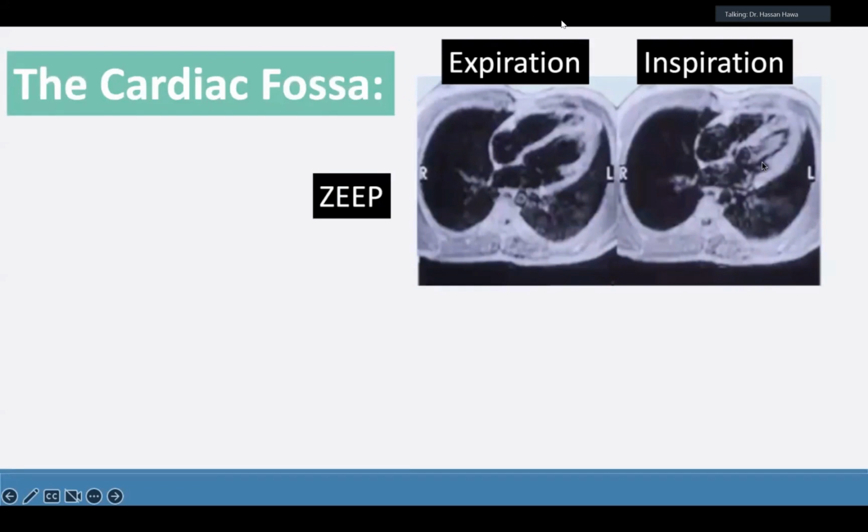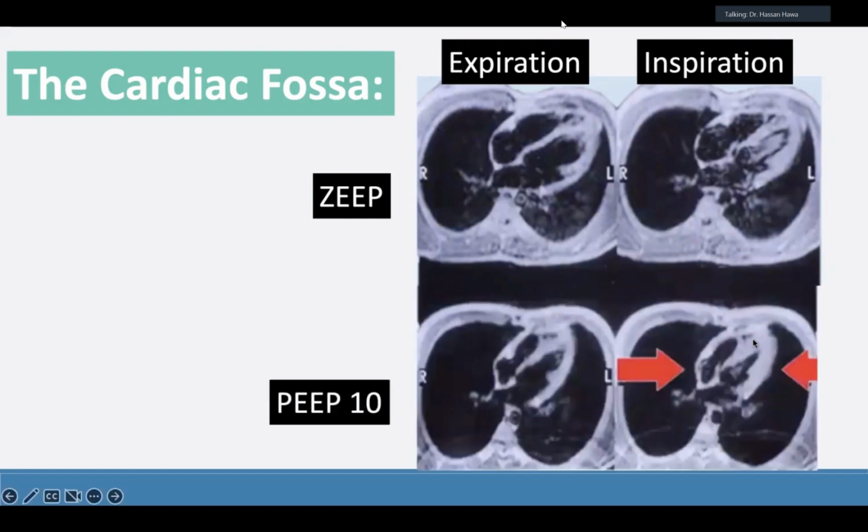We can see during inspiration, the heart seems a little bit smaller than the heart during expiration. But to illustrate this further, if we apply PEEP of 10, then you can see how significantly the heart is compressed within the cardiac fossa due to higher intrathoracic pressure. So imagine this intrathoracic pressure compressing the heart, compressing all the cavities of the heart, and this obviously will no doubt impact on the cardiac function, and hence the hemodynamics.